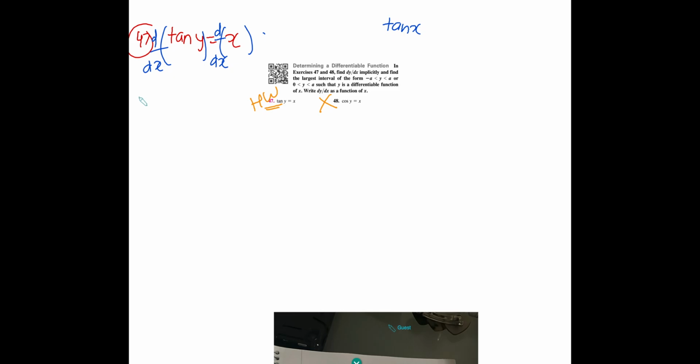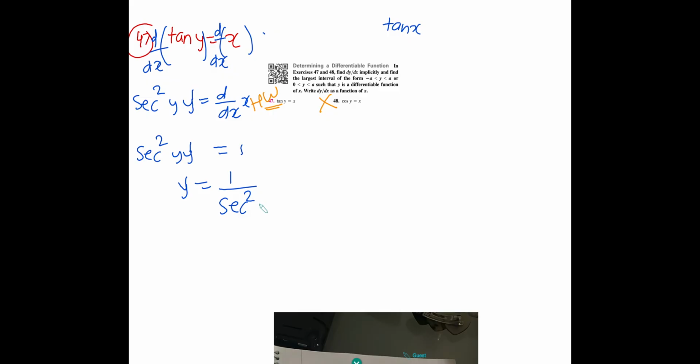Yes, excellent. So we can write secant squared y times y prime, or dy over dx, which is the same. Derivative of x is 1, right? So this is secant squared y prime equal to 1. So y prime equals 1, dividing both sides by secant squared y. So we got 1 over secant squared y.